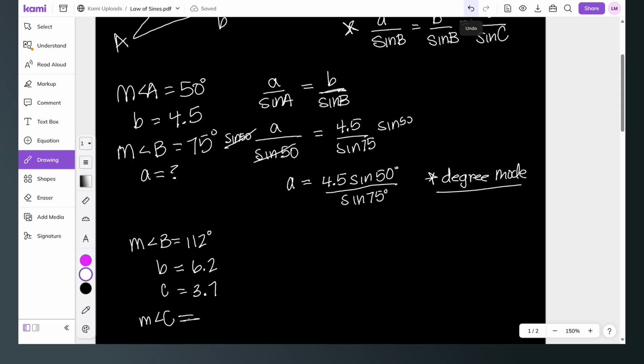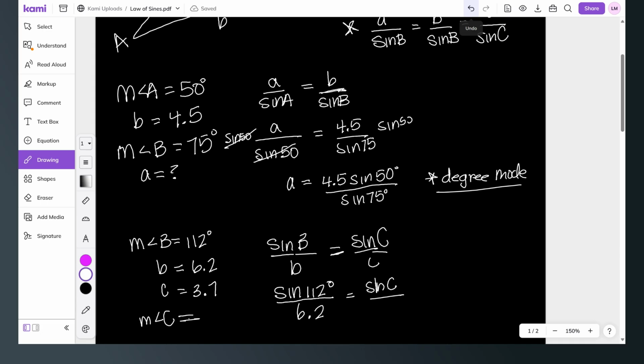We're missing an angle, so I'm going to use sine of B over B is equal to sine of C over C. Plugging in the information I know, I have sine of 112 over 6.2 is equal to sine C over 3.7.